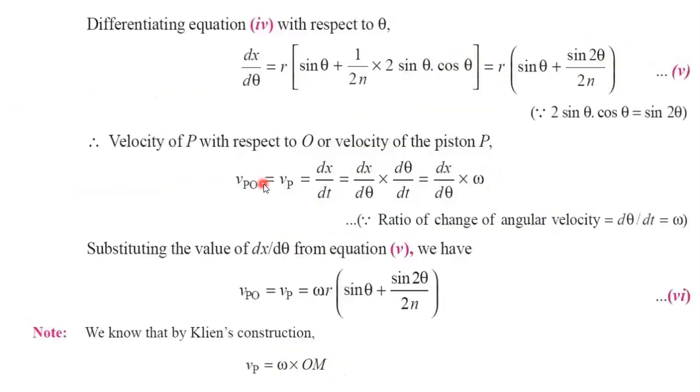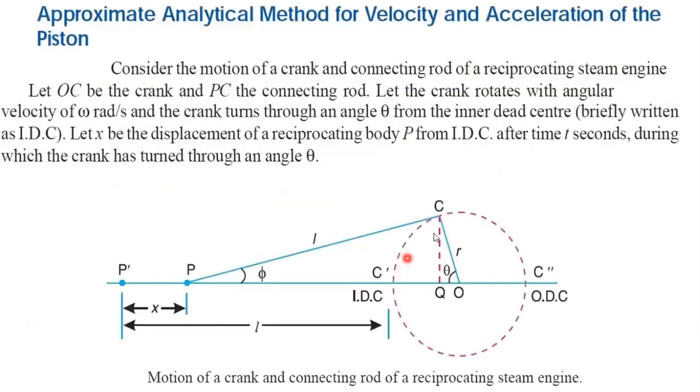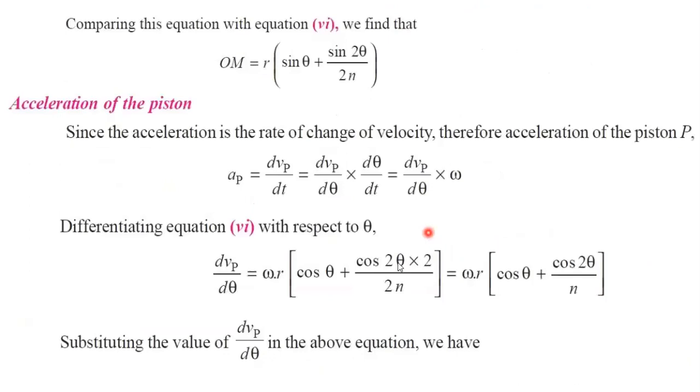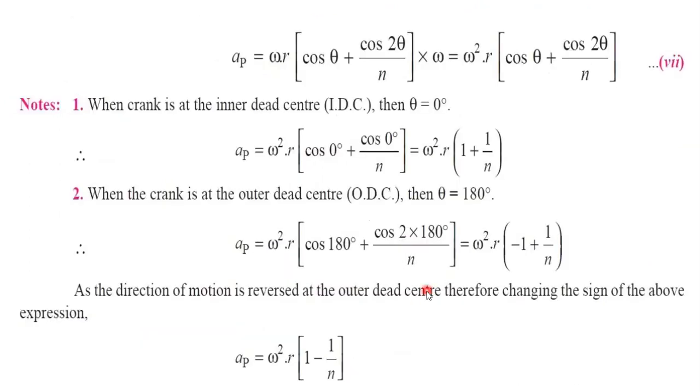Just see here, the crank is rotating in the anti-clockwise direction. Since it's rotating in the opposite direction, we can change this sign because it's going to the outer dead center. So finally we have the acceleration of the piston equal to omega square r into 1 minus 1 by n.